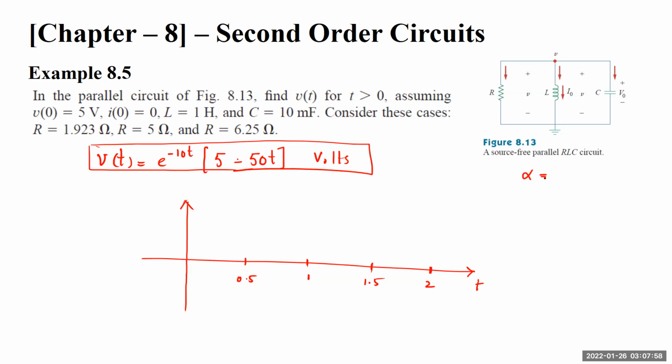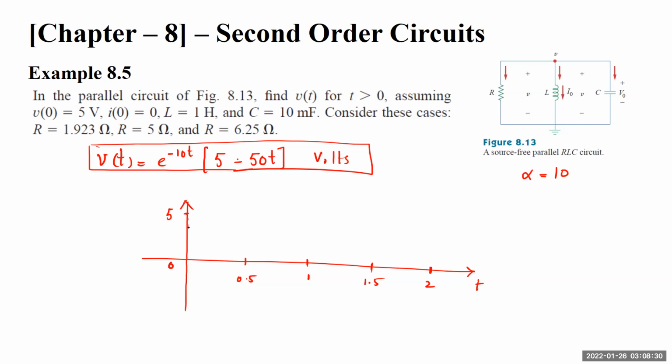So alpha was equal to 10 in this case. So 1 by 10 is 0.1 seconds. So at time t equals to 1, the value will be almost equal to 0. At time t equals to 0, the value will be equal to 5.